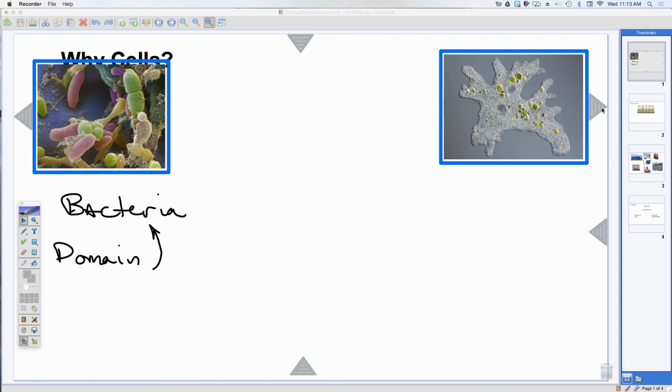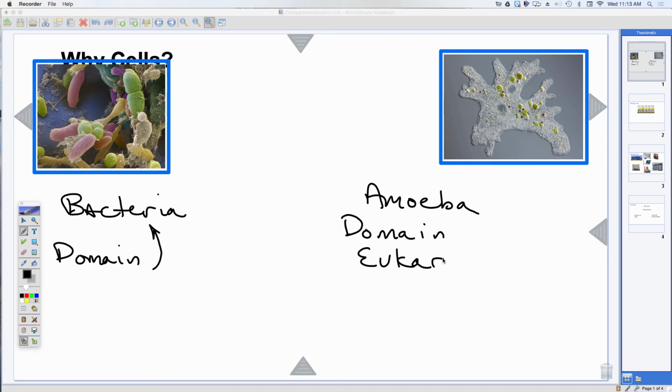We are looking here at an amoeba, which is in the domain eukarya, and is a protist.